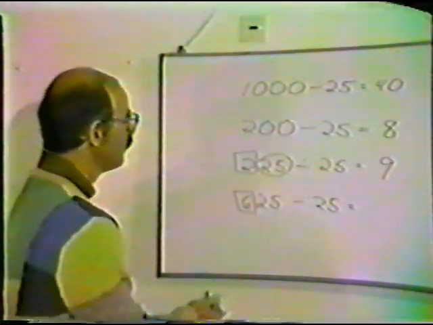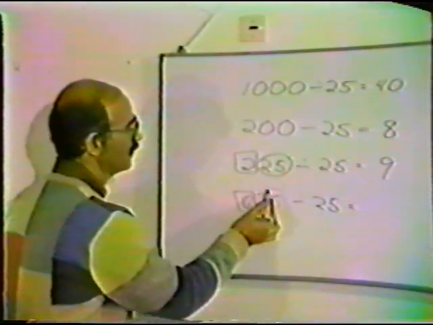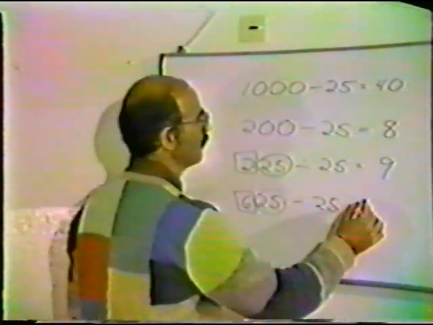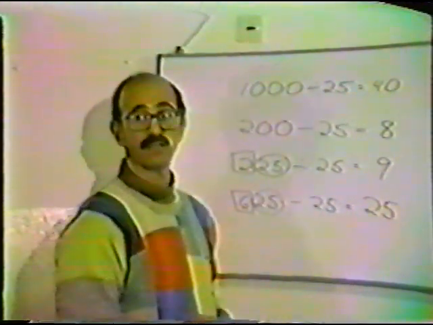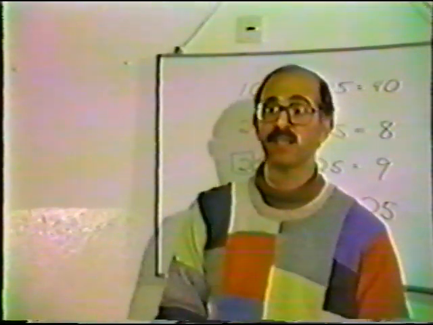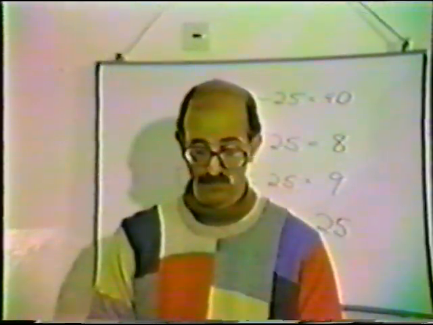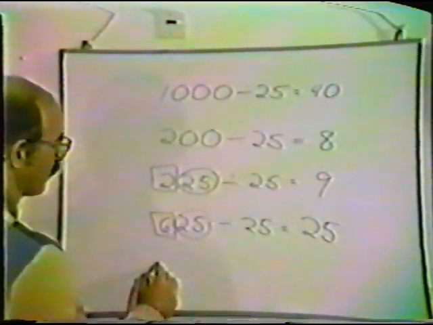There are 24 in 600, and how many in here? 1. And 24 plus the 1 makes 25. So this is a little trick for dividing by 25 when you have a number that 25 will go into evenly.